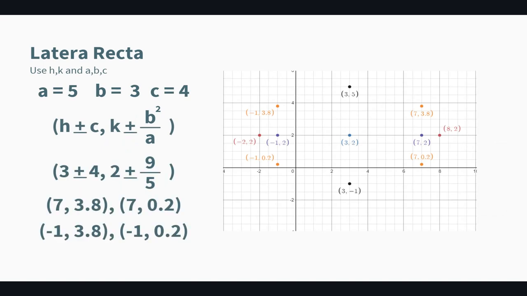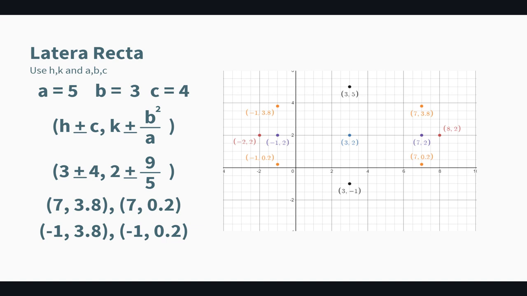Now for the lateral recta. For the lateral recta, we'll have to use all the values of a, b, and c and the h, k. So to solve for the lateral recta, we'll have to use the formula (h ± c, k ± b squared all over a). Since we know the values of h, k and a, b, and c, we'll just have to input it in the formula, which gives us 3 ± 4 and 2 ± 9 over 5.